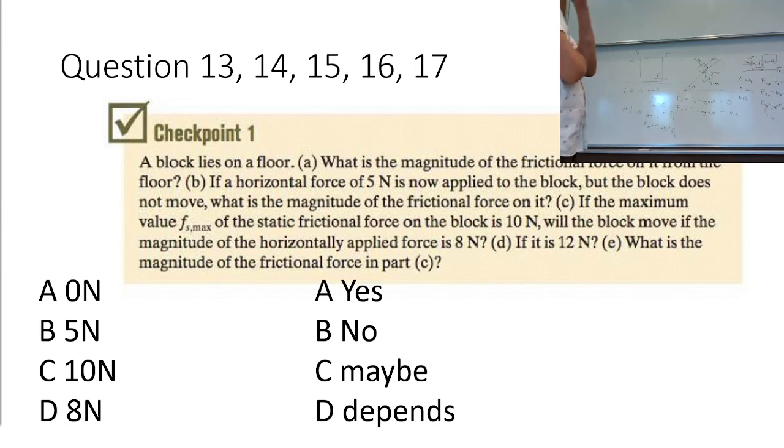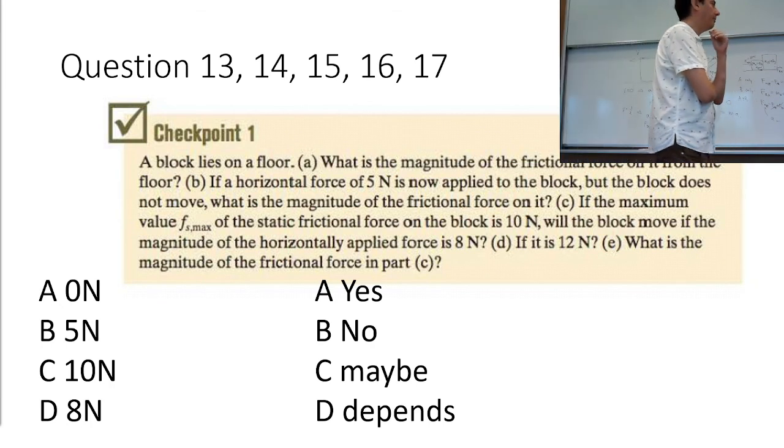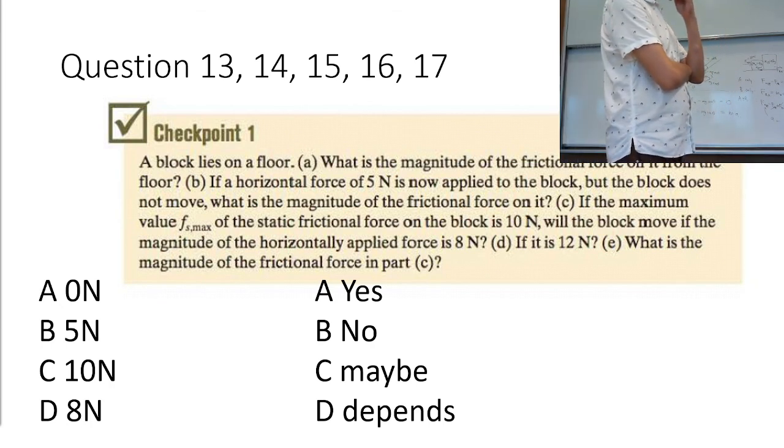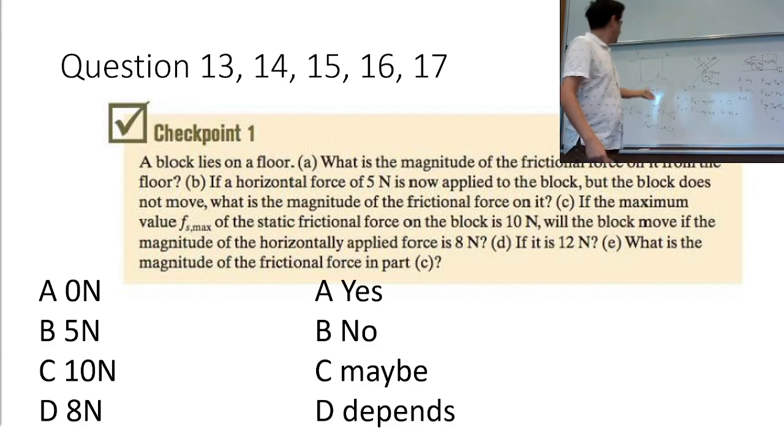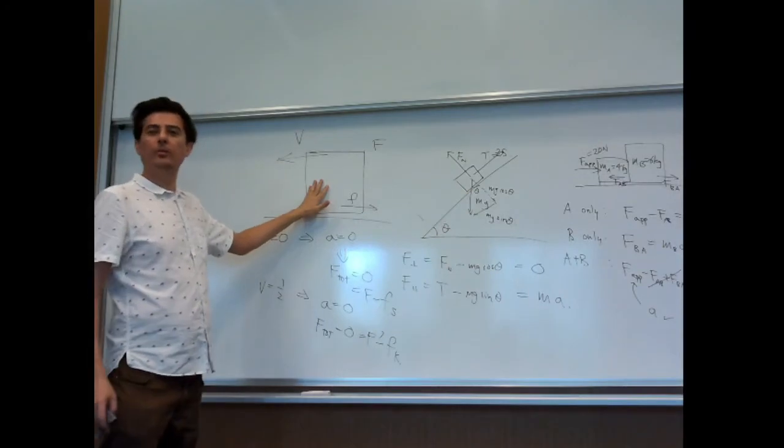So a block lies on the floor. What is the magnitude of the frictional force on it from the floor? Right. Okay, so A is just that. So you don't need any information actually. So here's a block, it's on the floor. So what's the frictional force on it?